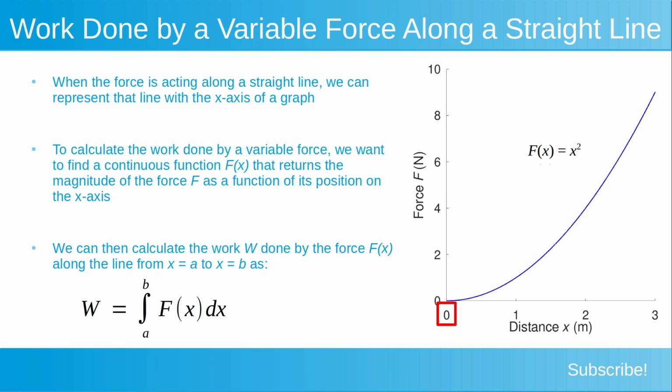So, for example, if we wanted to calculate the work done by the force on the body from x is equal to 0 to x is equal to 3, we'd set our lower limit of integration a to be equal to 0, and we'd set our upper limit of integration b to be equal to 3.